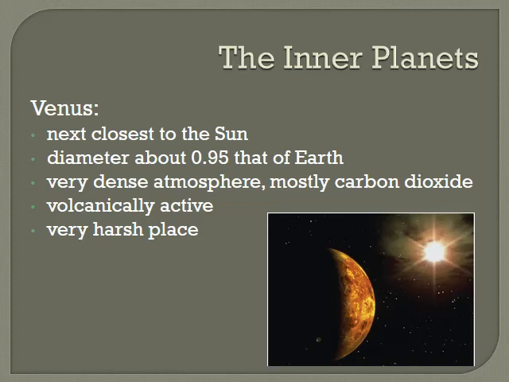It's about 0.4 AUs. AU is an astronomical unit, the distance from the Earth to the sun. So Mercury is about 4/10 of the distance from the Earth to the sun. Venus is about 7/10 of the distance from the Earth to the sun. But it is a very, very hot planet because of a runaway greenhouse effect.